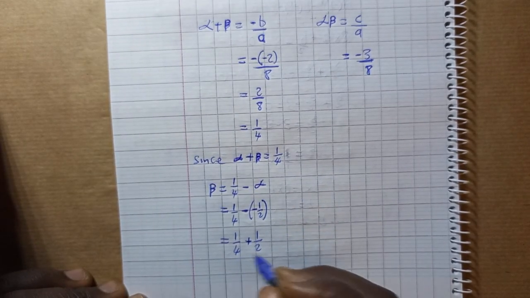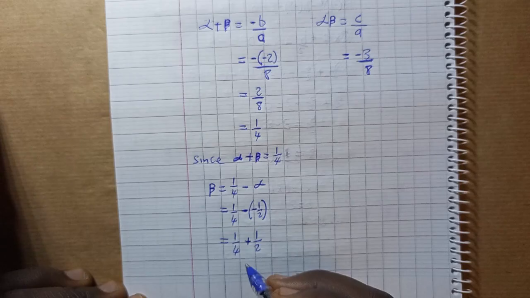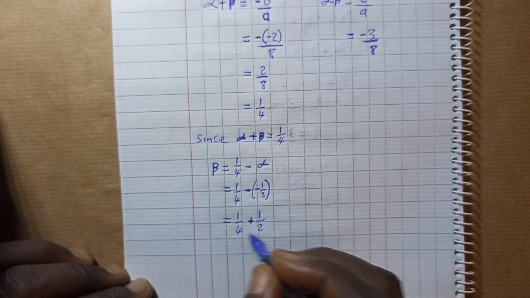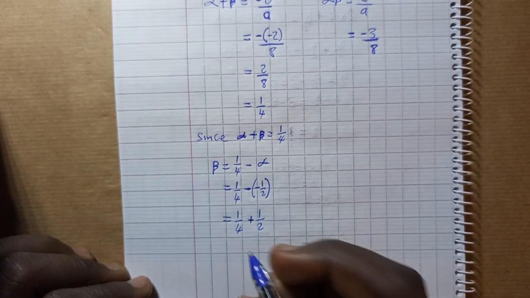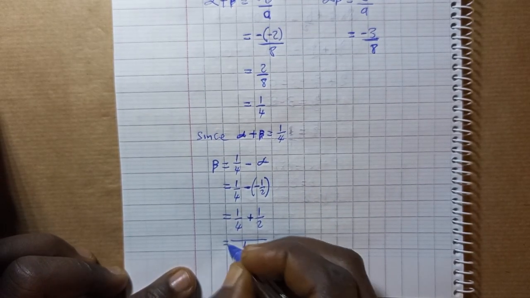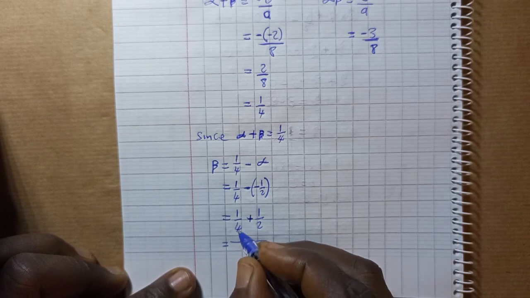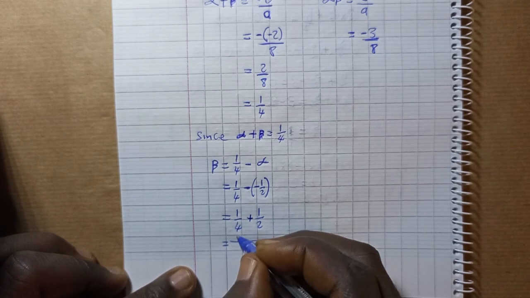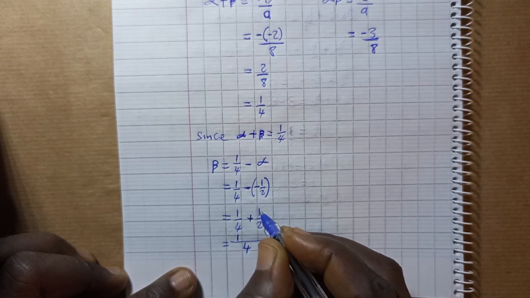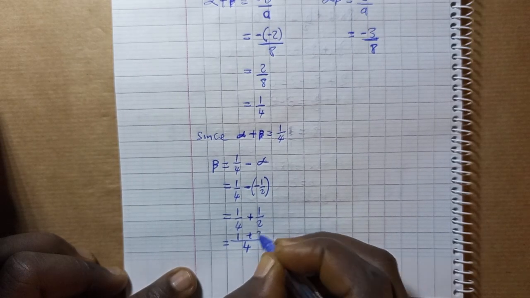So the LCM of 4 and 2 is 4. 4 divided by 4 is 1, 1 times 1 is 1. 4 divided by 2 is 2, 2 times 1 is 2.